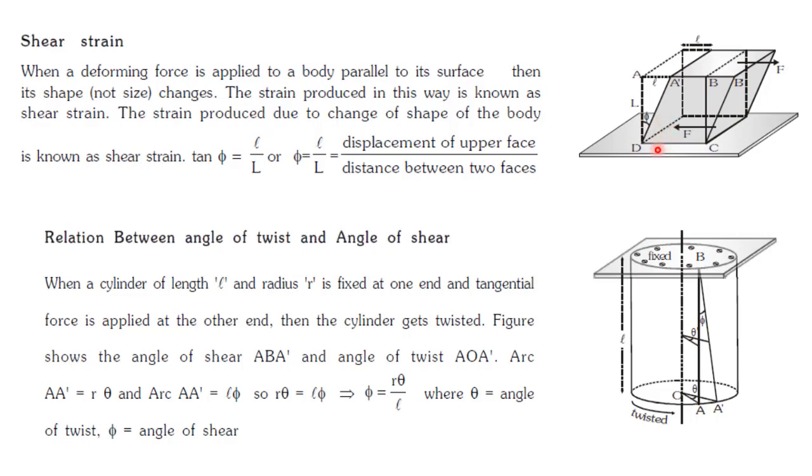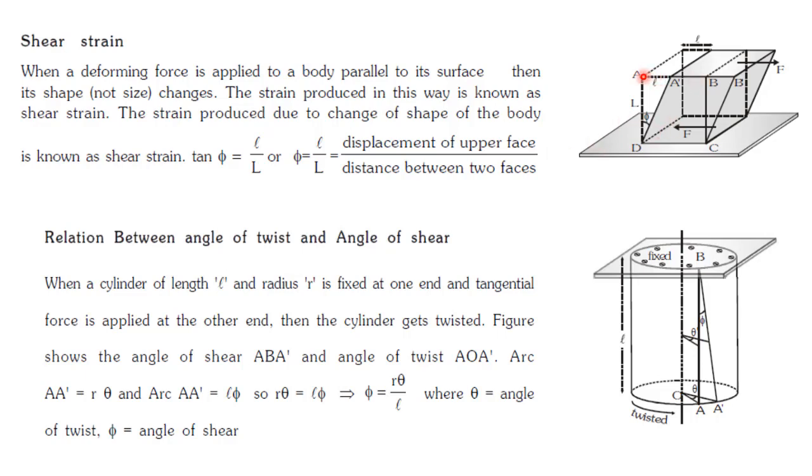Here you have two faces, the lower face and the upper face. After applying the force parallel to the surface, you will find that the upper surface makes an angle phi with the lower surface.